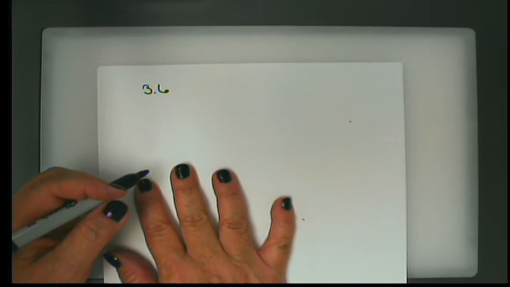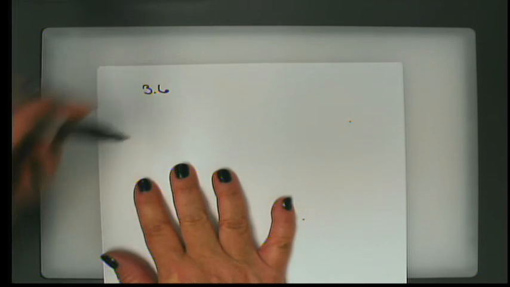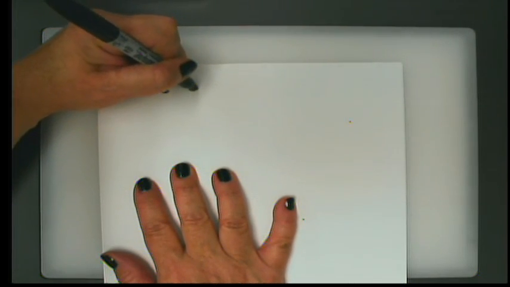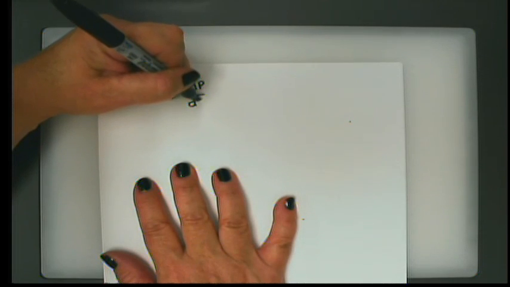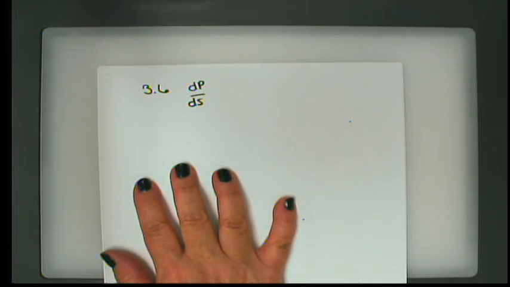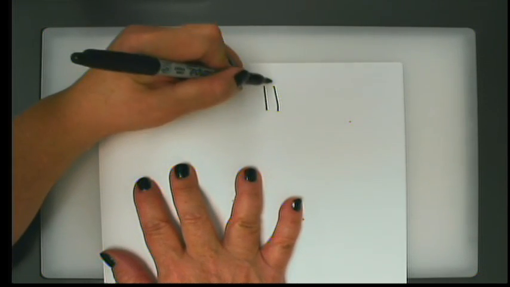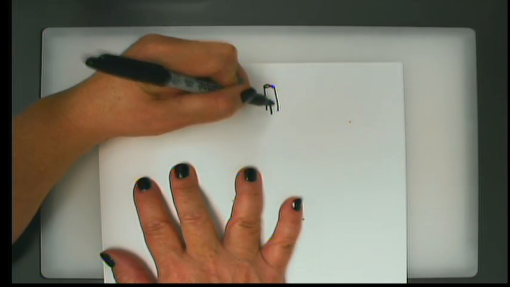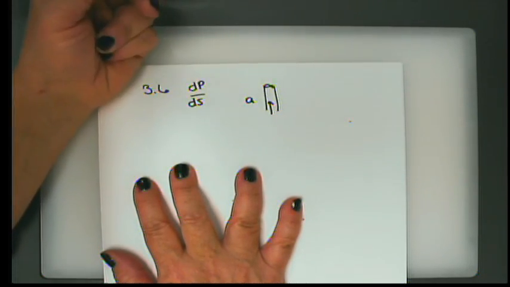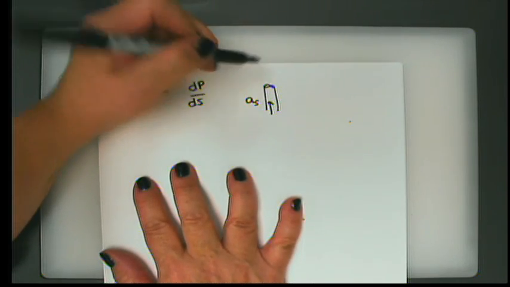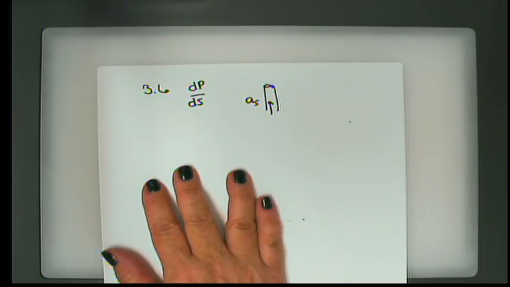It asks what pressure gradient along the streamline, okay, so we know that's dP/ds, right, is required to accelerate water upward in a vertical pipe. So here's my pipe, and I want it to accelerate upward. Since the pipe is vertical, that is the acceleration along the streamline, isn't it? Because that's the direction the fluid particles are moving.